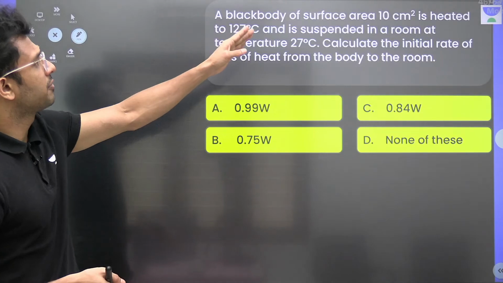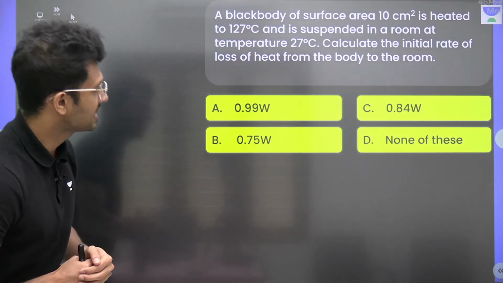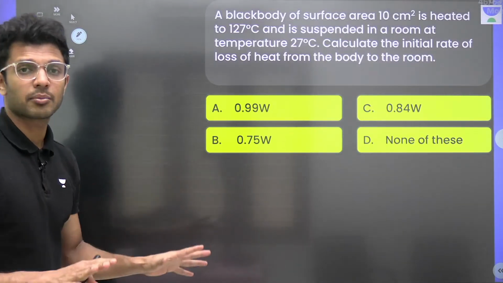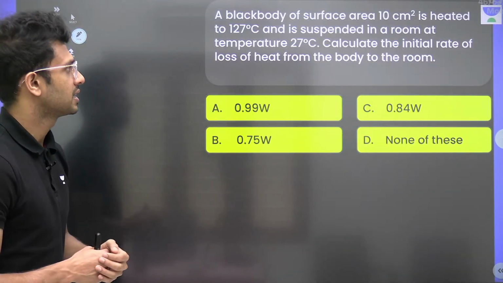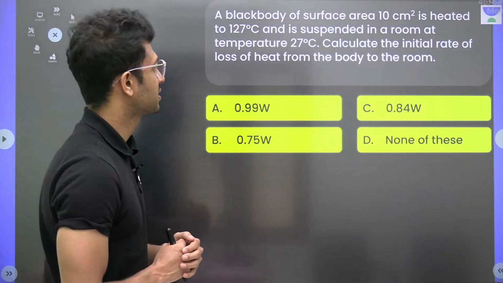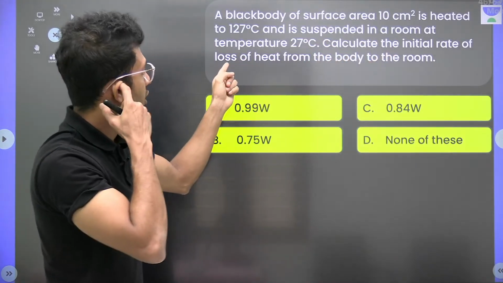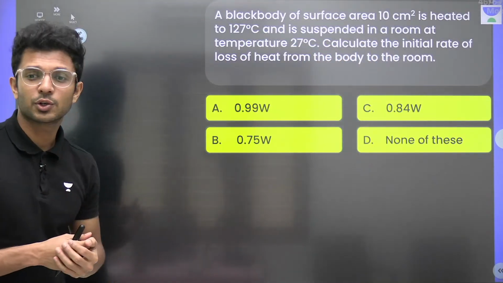A black body of surface area 10 centimeters square is heated to 127 degrees Celsius. That means the black body has a temperature of 127. It is suspended in a room of temperature 27 degrees Celsius. Calculate the initial rate of loss of heat from the body to the room.